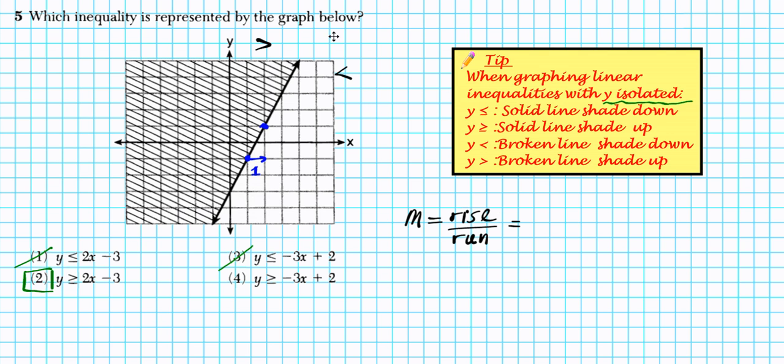And then to rise up to that point, we go up 2 units. Our rise is 2. Okay? So we have a run of 1 and a rise of 2. So guess what? Our slope is 2. That's exactly what we have here. So that's why option 2 is the correct answer.